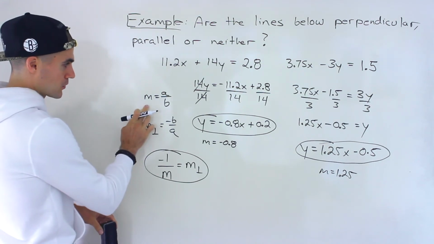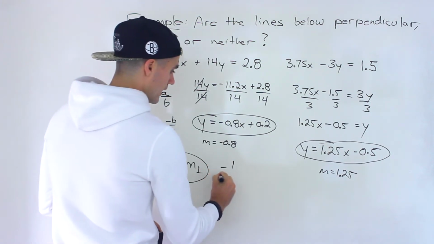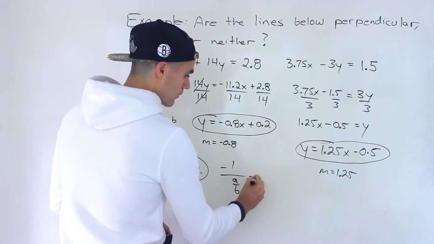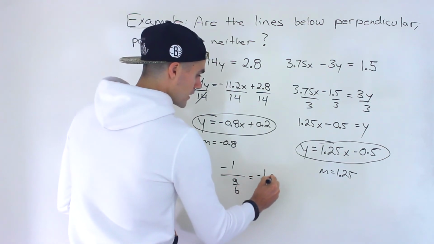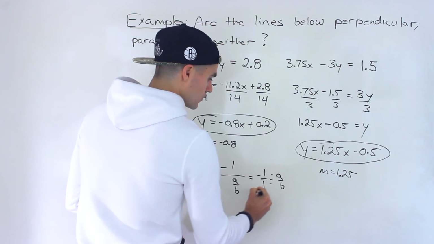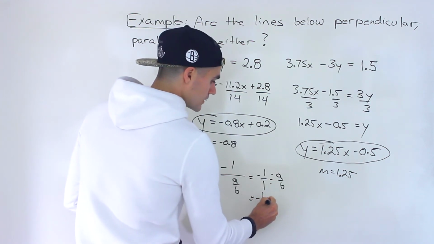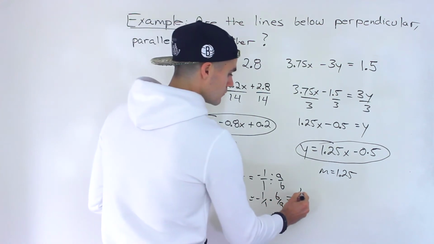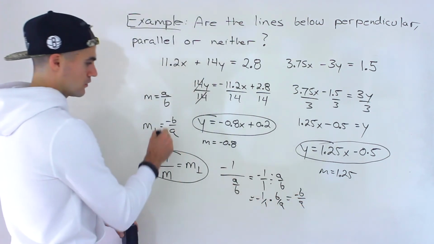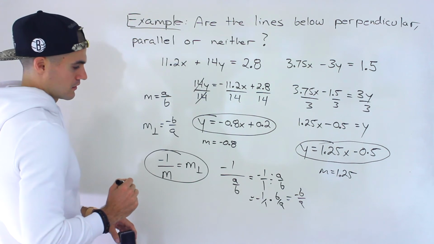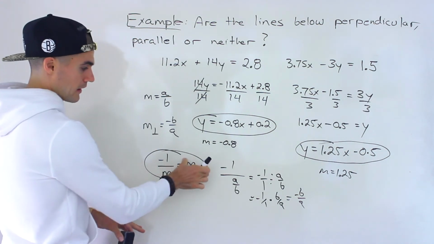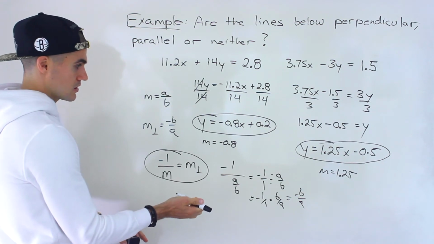Notice how it would work if we took negative 1 and divided it by a over b. That would be negative 1 over 1 divided by a over b, which would be negative 1 over 1 times b over a, which would give us negative b over a. So that's another way to relate a slope and a perpendicular slope.